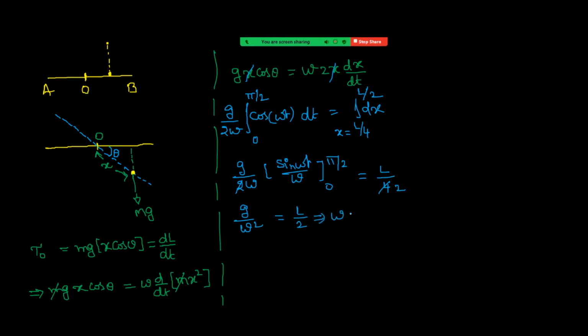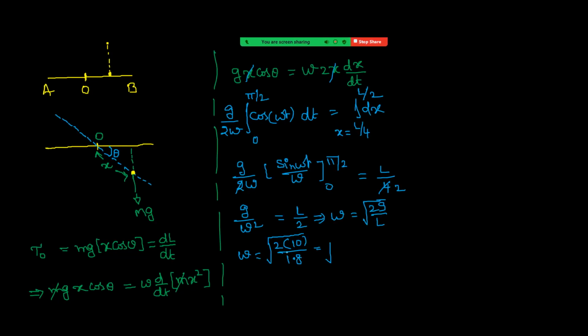That means the omega value is how much? Root of 2g by L. That is the value of omega. And if you substitute the values, see how much we get. Root of 2, g value 10, L value 1.8.